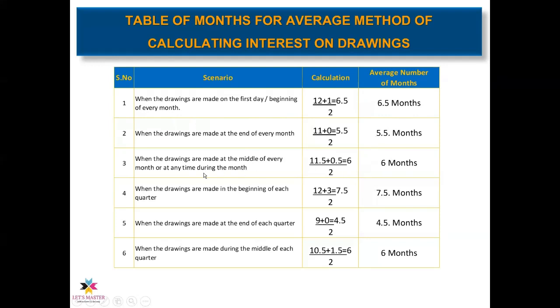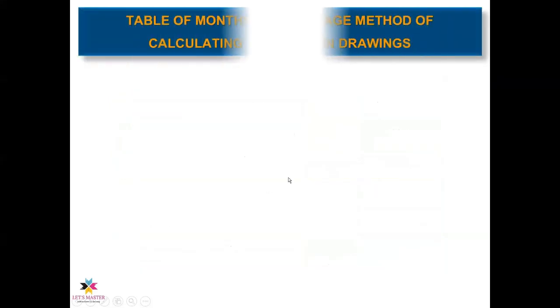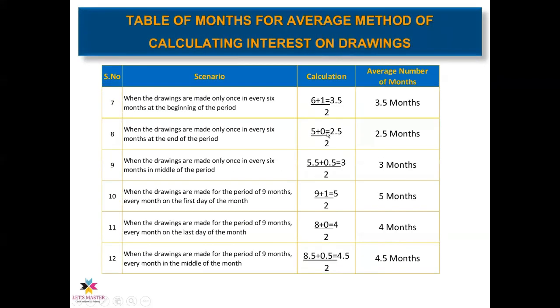In case of the drawings made during the middle of every month, in the formula, we will use 6 months as the average number of months. So these are the 12 scenarios. And in the last column, we have provided you with the average number of months that you should be considering while calculating the interest on drawings using the average method.